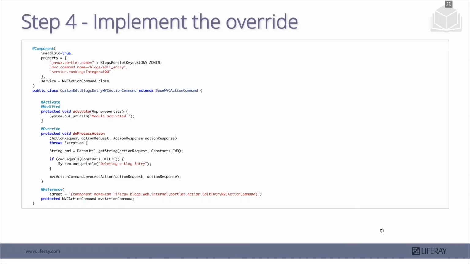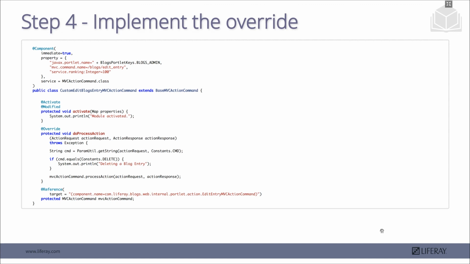We found out which command name we're tapping into or trying to override, and which portlet we're going to be listening for. After that, we go ahead and override the method doProcessAction as we would typically do.